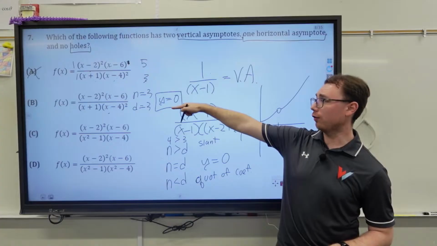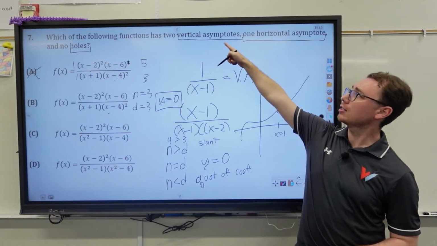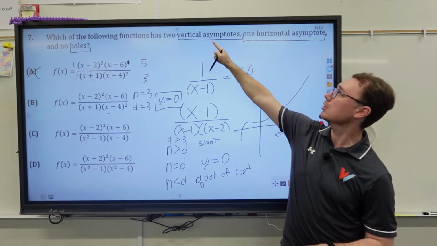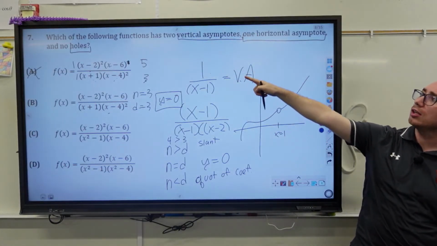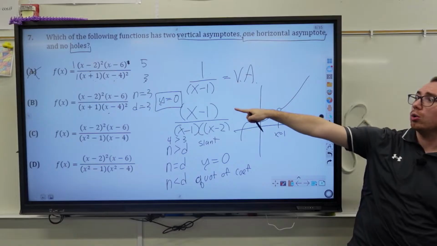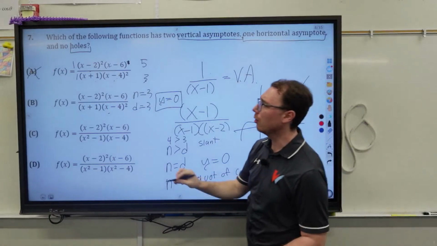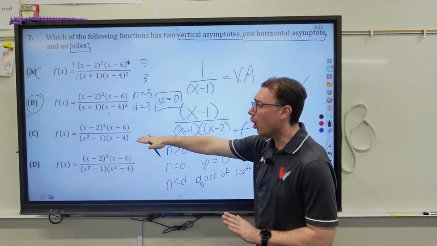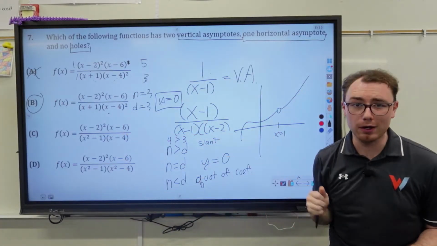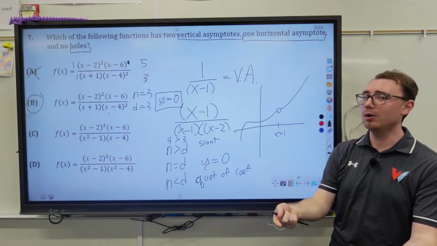So for example B, it takes care of all 3 of these criteria. There are 2 vertical asymptotes, there's 1 horizontal asymptote at y equals 0, and there's no holes in that problem. So you know B for number 7 is 100% right. We are going to look at C and D very quickly just to show why they're wrong.